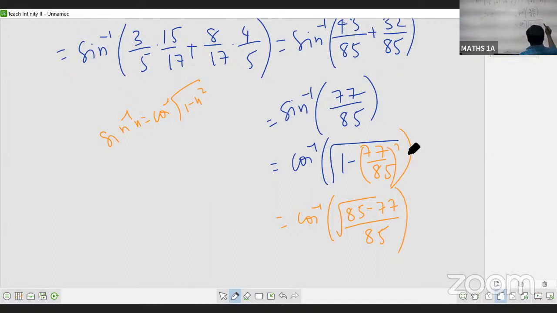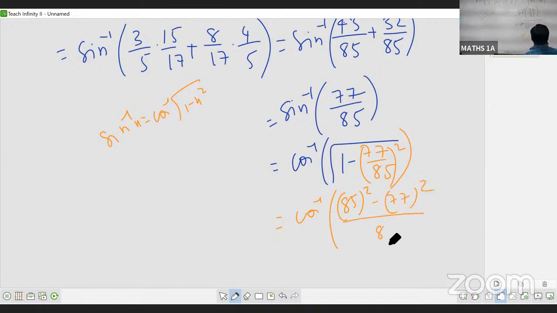Sorry, that will give you cos inverse of 85 whole square minus 77 whole square by 85 whole square.